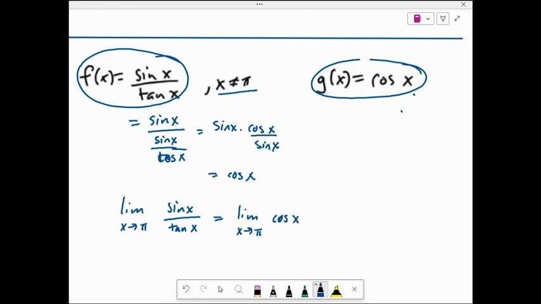And cosine of x is perfectly well defined at pi, and the cosine of pi is -1. So if you're trying to find a limit where the function is not defined at the value, then your best option and your best bet is really to see if you could simplify that function.